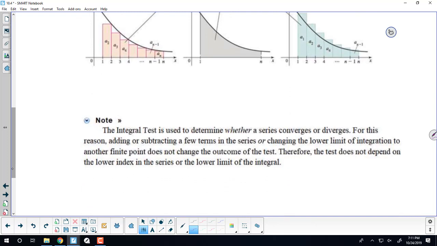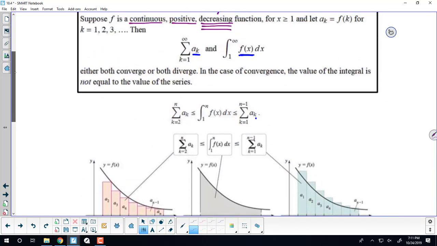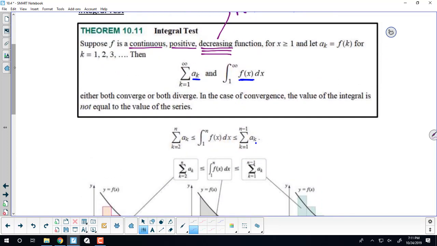Okay, and that note here is saying that the integral test, although it says that f is a continuous positive decreasing function, it doesn't say that it always has to do that. The way we should interpret that is that after some point, after some value in that series, maybe it's k equals 5, maybe it's k equals 100, but eventually the thing will be positive and decreasing. So it's okay to have a few negative terms in there, but eventually it has to have positive terms.